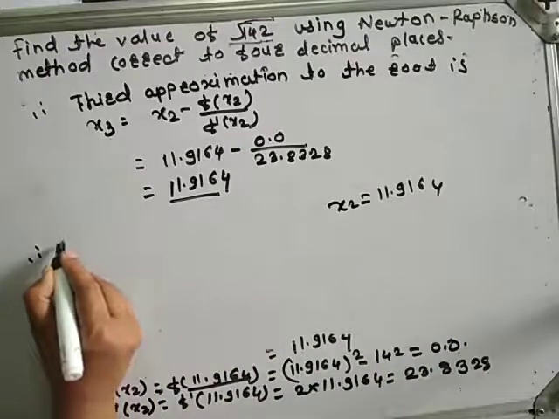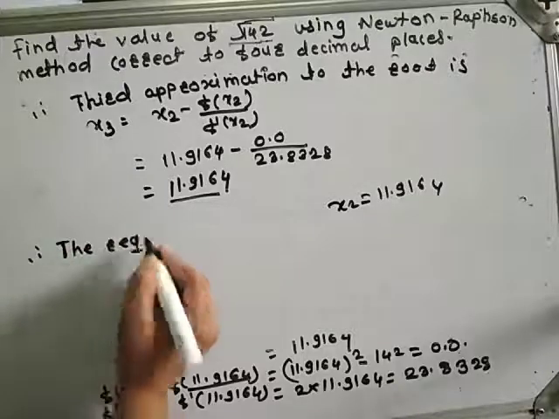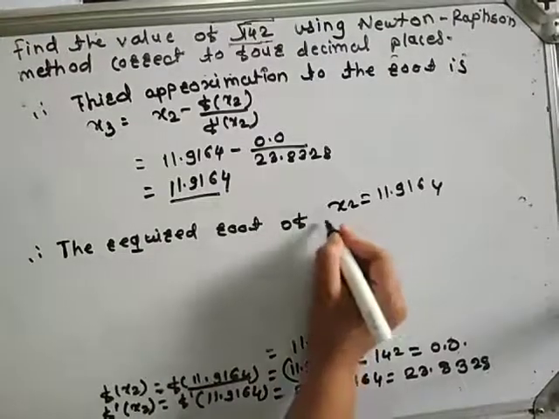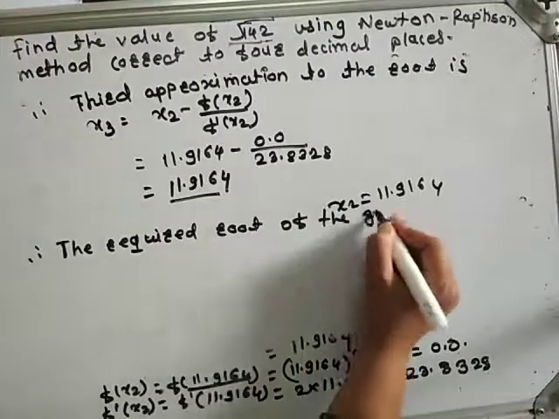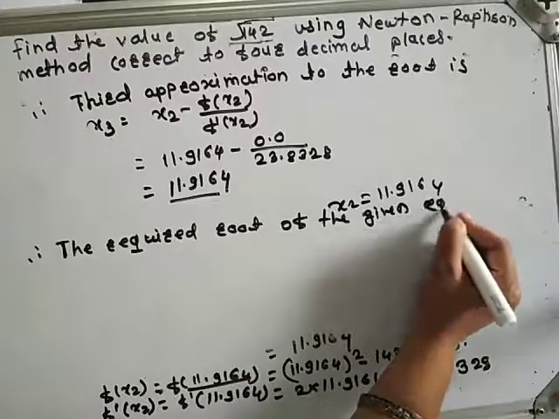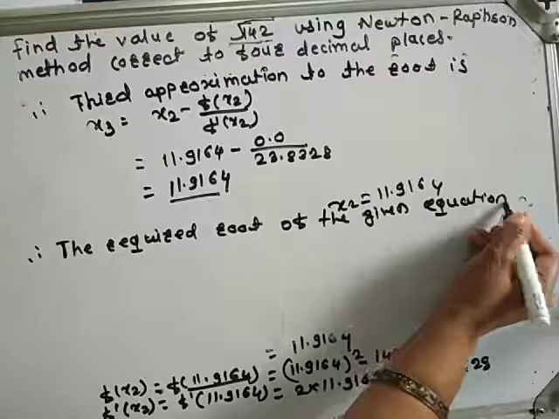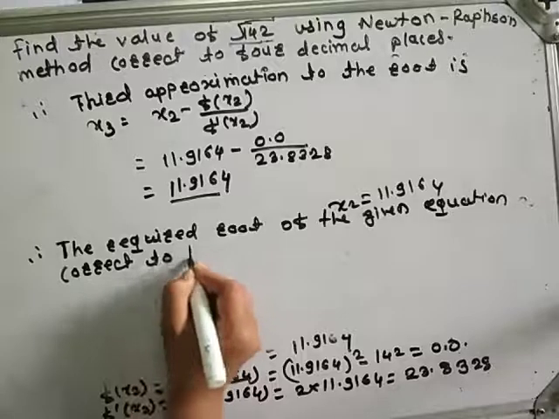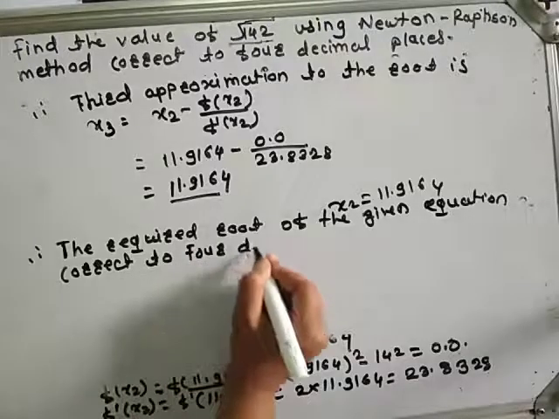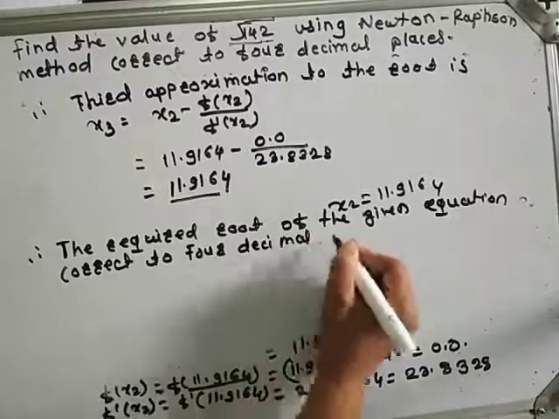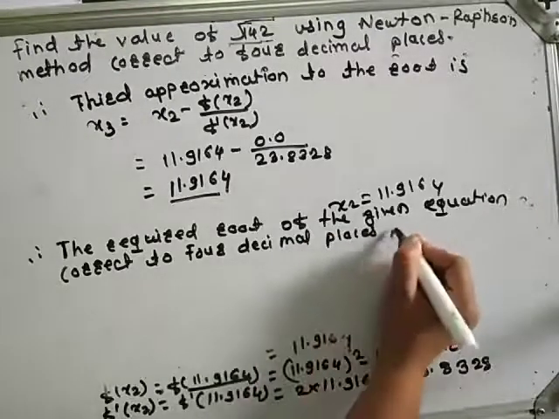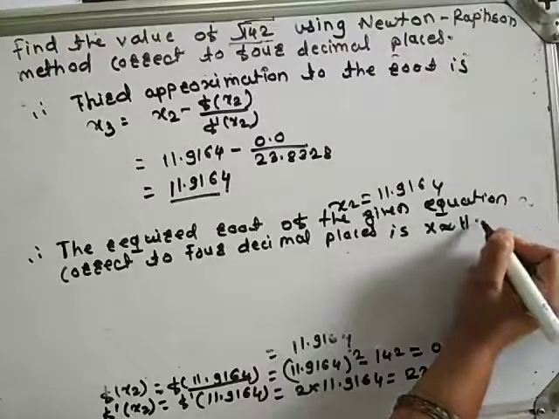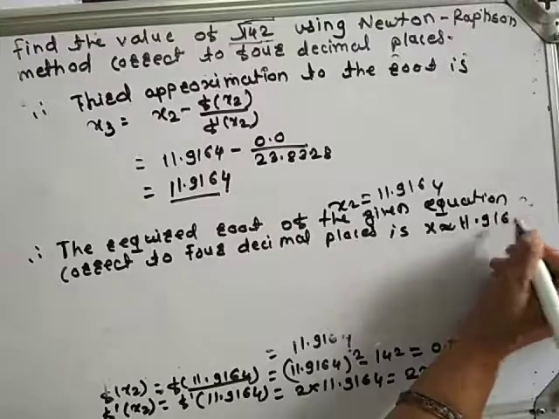Therefore, the required root of the given equation correct to 4 decimal places is x is approximately equal to 11.9164.